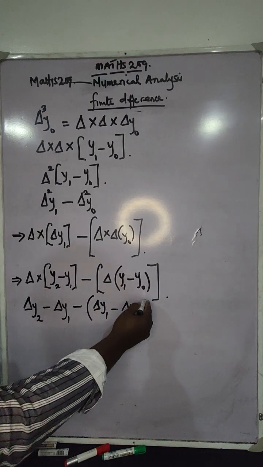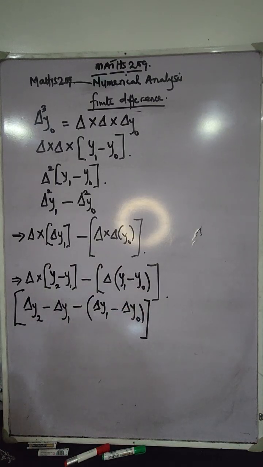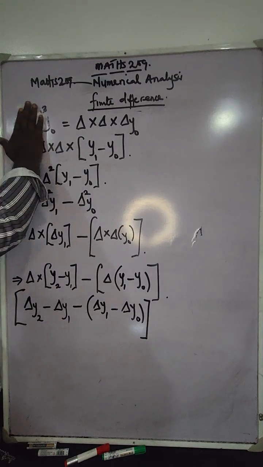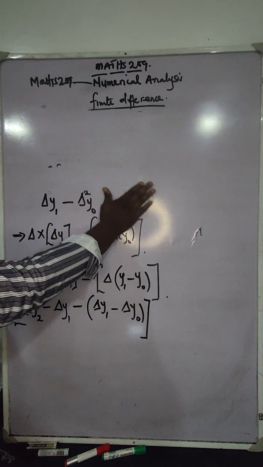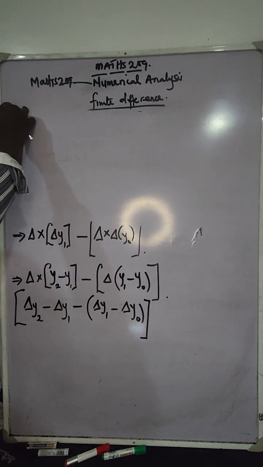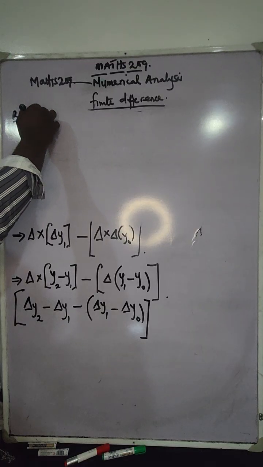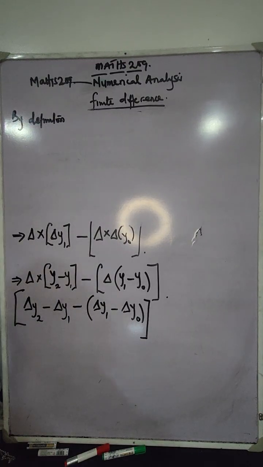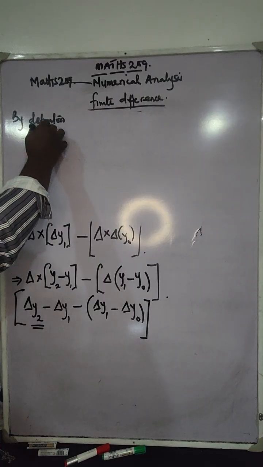Did you see that? So as we have had it like this, once we get here, we've been able to solve our problems. And so from here, by definition, we can now say that the forward difference of y2 is y3 minus y2.